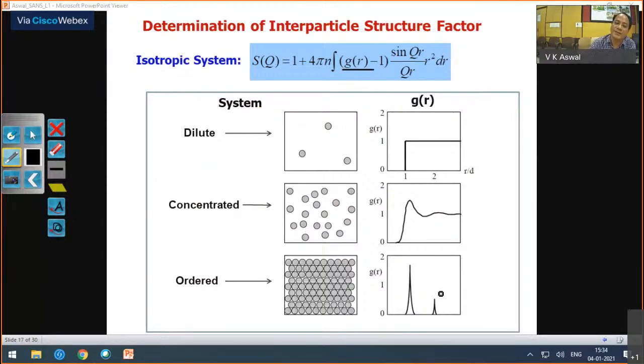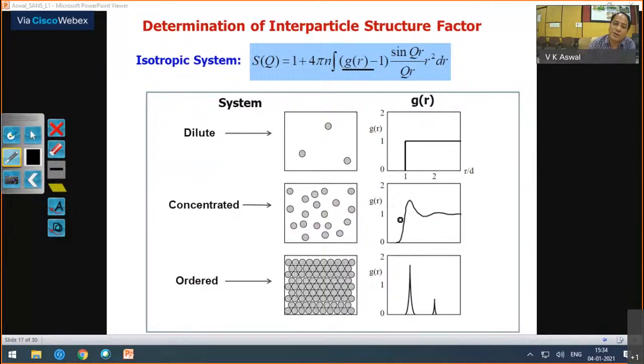So these are typical G of R for different kinds of systems, and in small angle neutron scattering you will see all of these. Most of the time you will deal with a dilute system, so that you don't have to bother about the structure factor, and whatever scattering you get will be from your P of Q, that is the form factor, and then you can get the information about the shape and size of the particles.